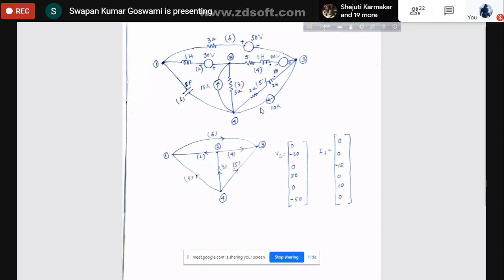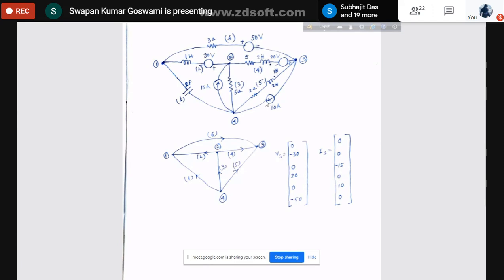Then the fifth element here. This is the internal impedance and this is the graph element in the graph. The direction is assumed to be from 4 to 3, that is from here to here. And in which direction will current flow through the internal impedance of the current source? It will be from 4 to 3.